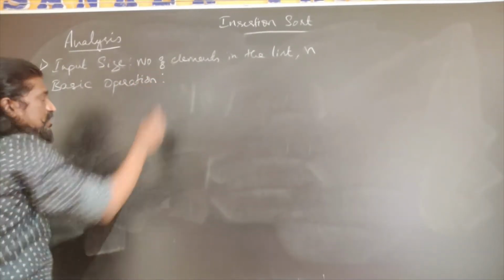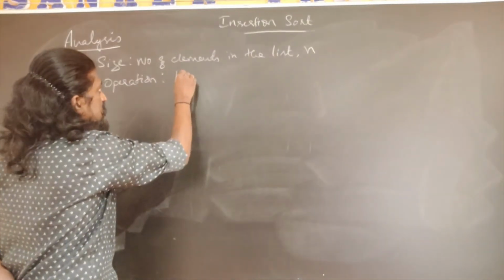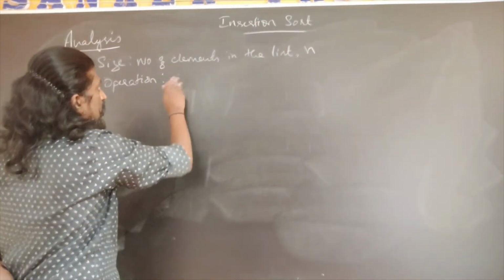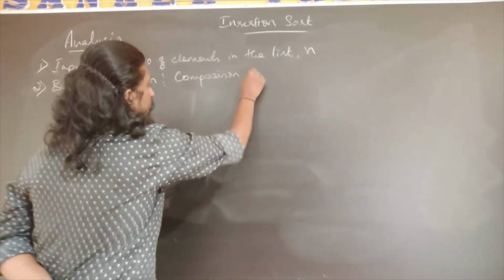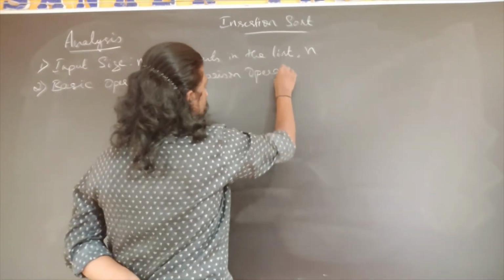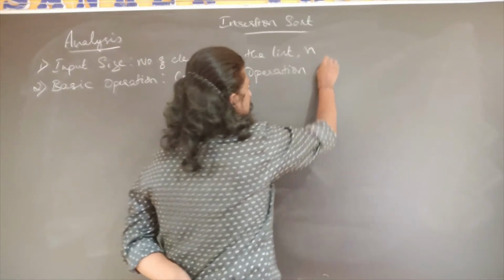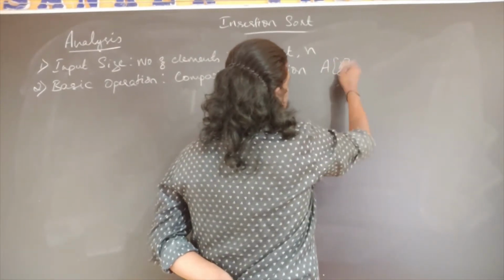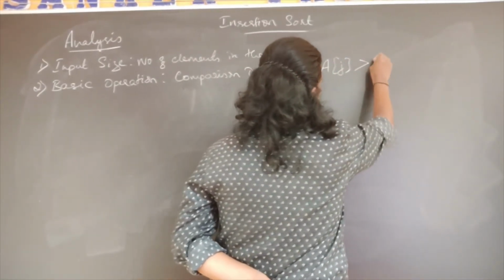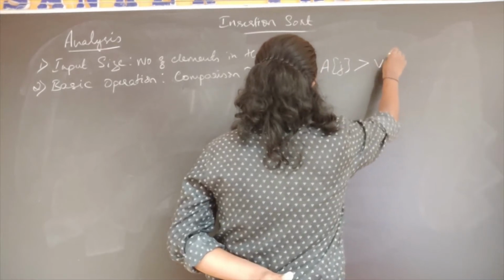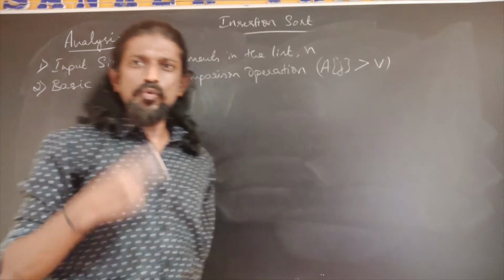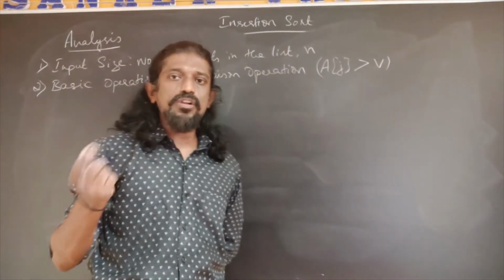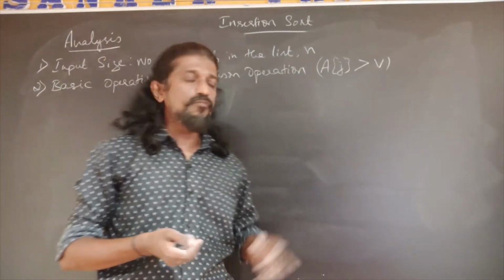What is the basic operation? The basic operation here we will take as the comparison operation, that is, a of j is greater than v. In the while loop we have this condition, a of j greater than v. There are two comparisons: j is greater than or equal to 0, and a of j greater than v.